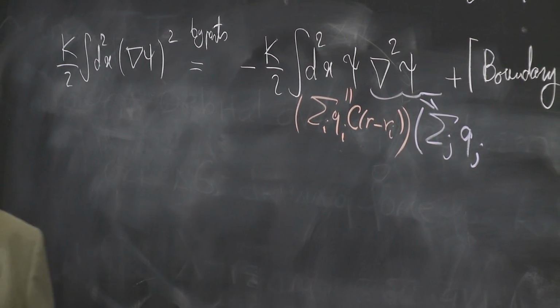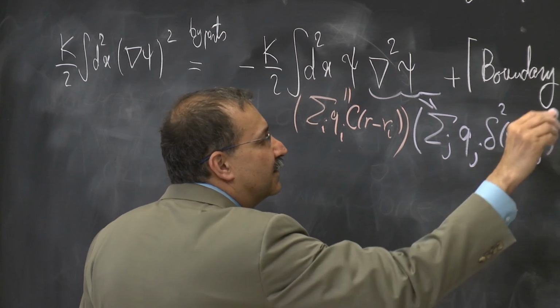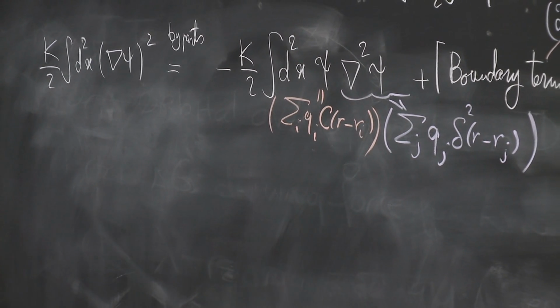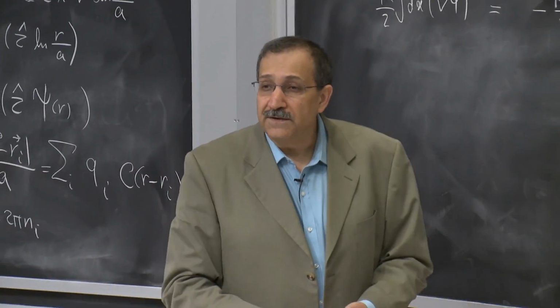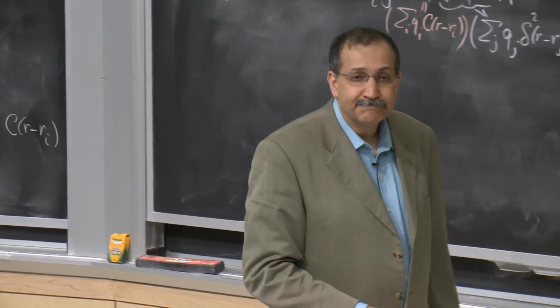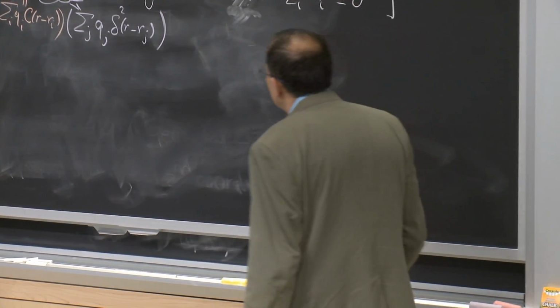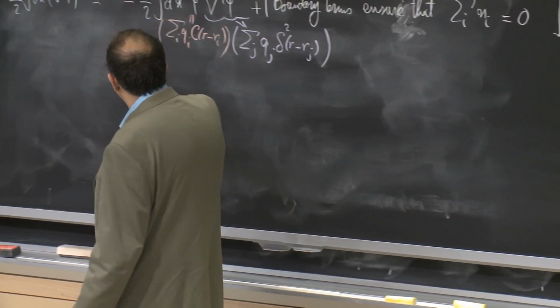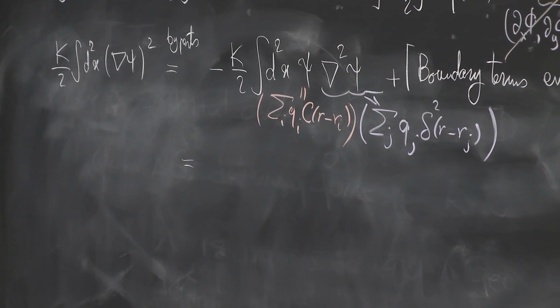Laplacian of this is the delta function. So basically, that was the condition for the Coulomb potential, or alternatively, you take two derivatives of the log and you will generate a delta function. Okay? So what you see is that you generate the following.